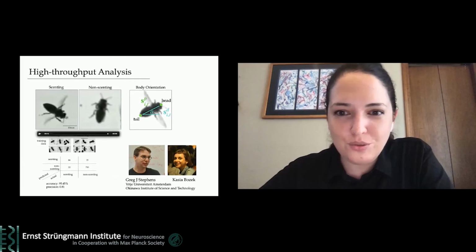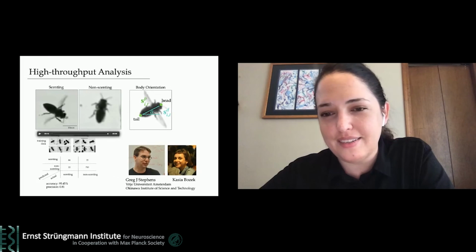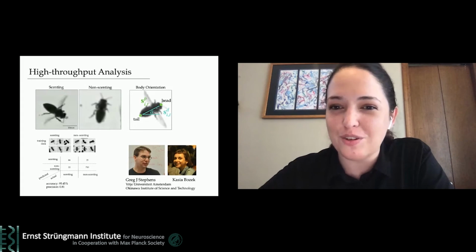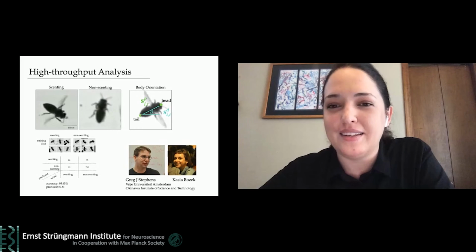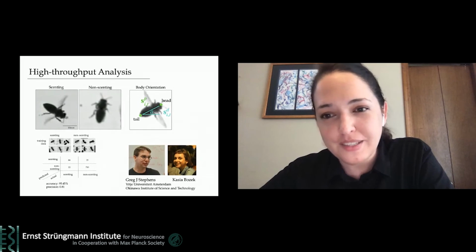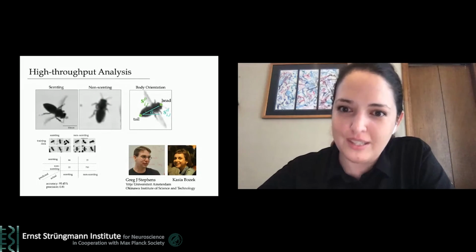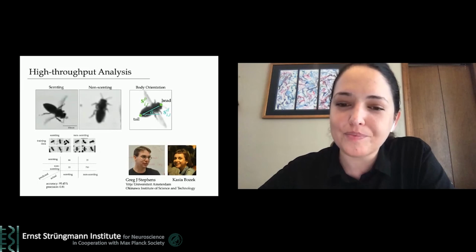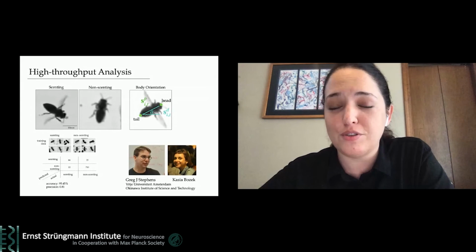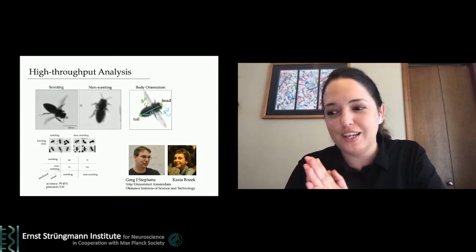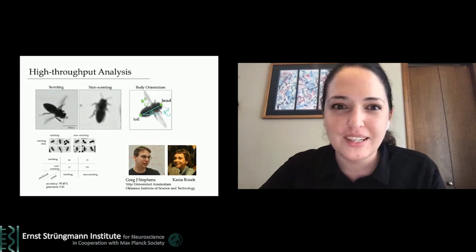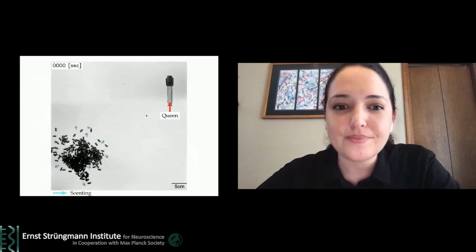And I won't go into the details, but the result was an output of where the bee is, whether it's scenting or not, and it also gives us the orientation of the bee, which is important because it tells us in which direction the pheromones are being directed.